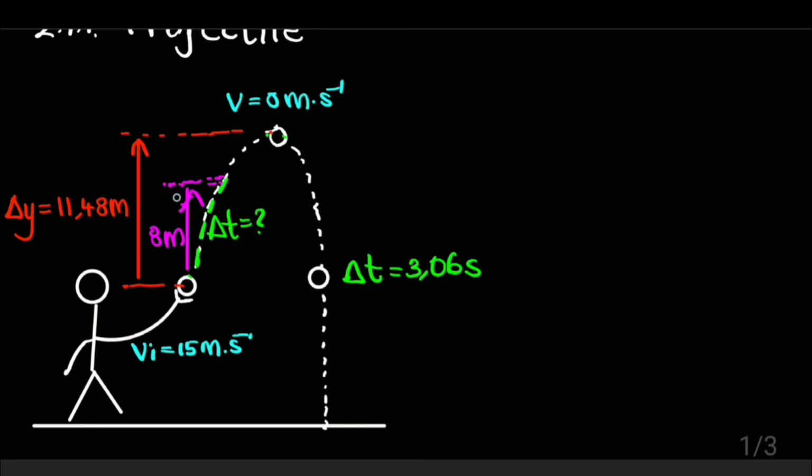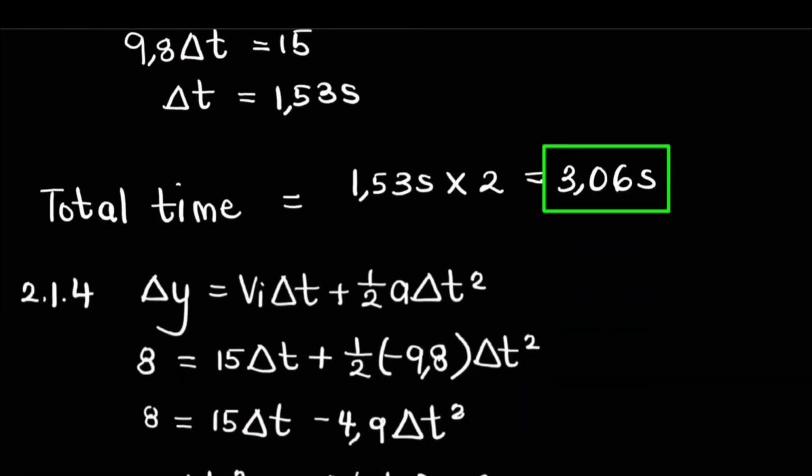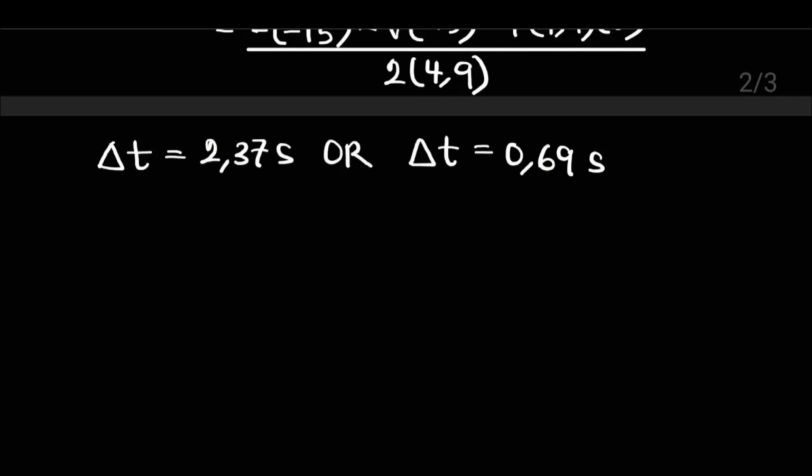That is the first case, like what we have here on the diagram. But when the object goes up to its highest point and comes back down, at some point here, it is also going to be 8 meters above the person's hand. So there's two instances here, which is why we've got one time value, which is smaller, the 0.69 seconds.